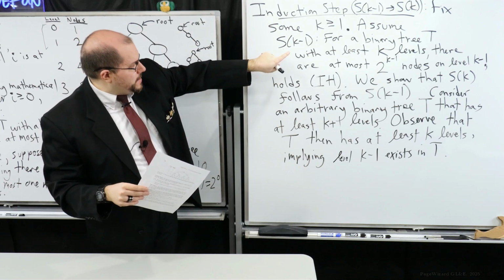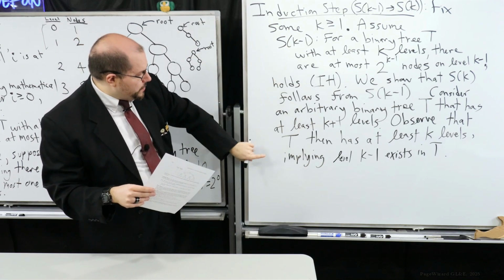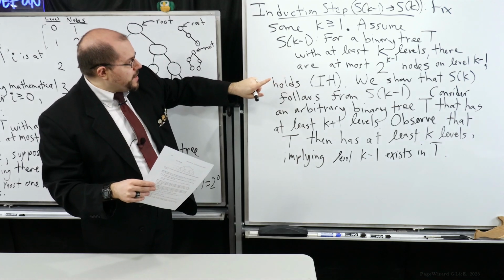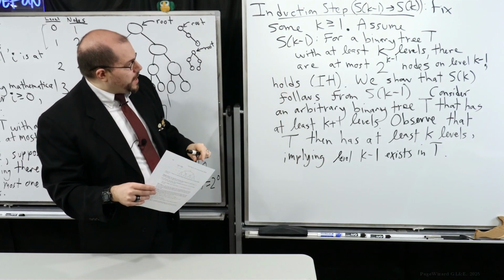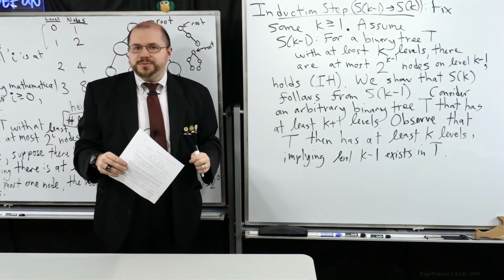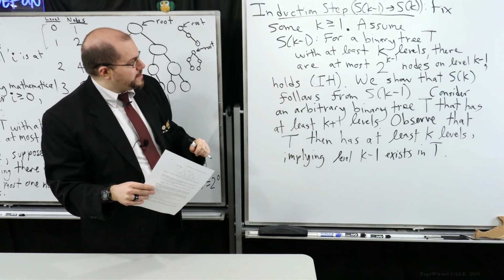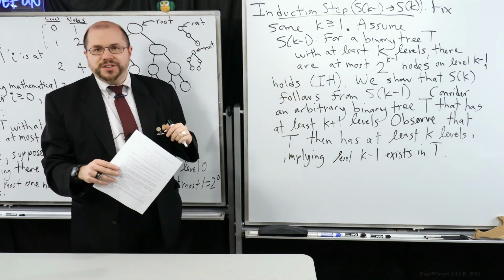So take a look here. Now we've got a statement. If it has at least k levels, which ours most certainly does, what can you say about the number of nodes on level k minus 1 then? Well, the IH, our induction hypothesis, says that there's at most 2 to the k minus 1 nodes, right?